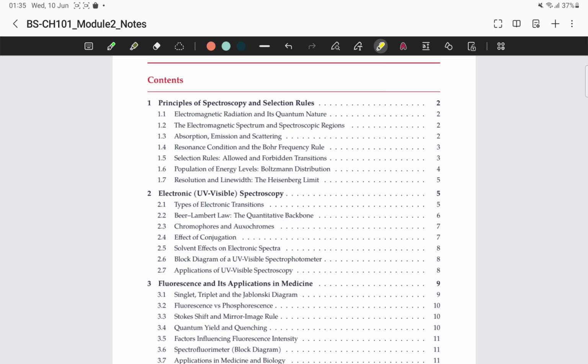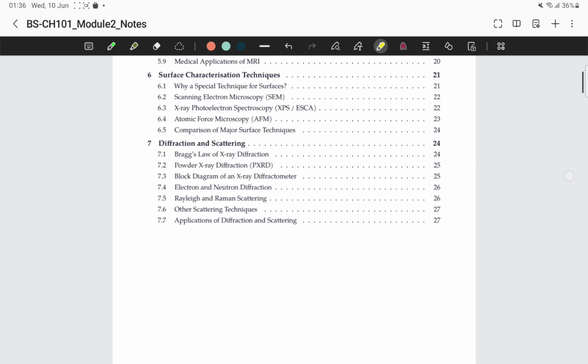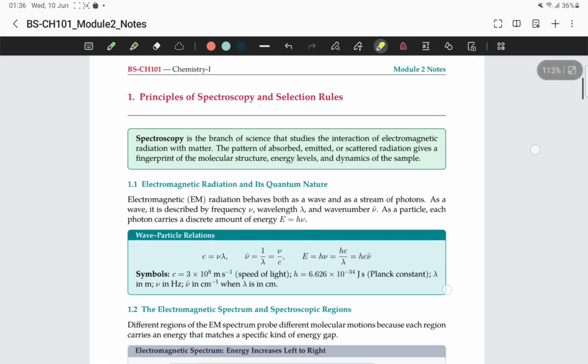So let's dive into this topic with more enthusiasm, and actually this lecture will be completely MAKAUT based because we are focusing on the semester. So without further delay, let's come to the first part of this series on spectroscopy.